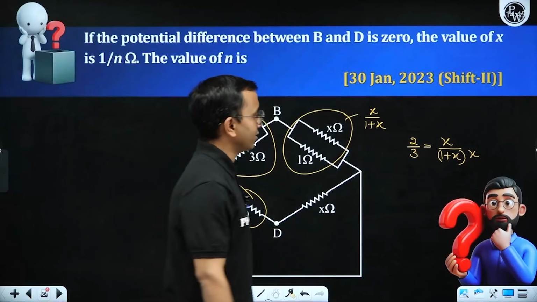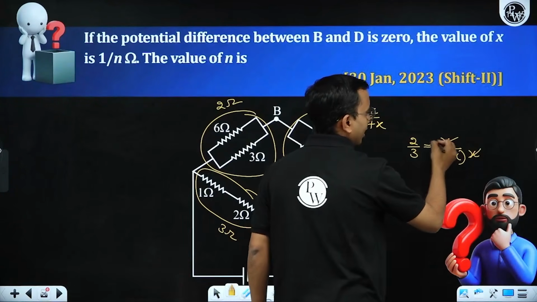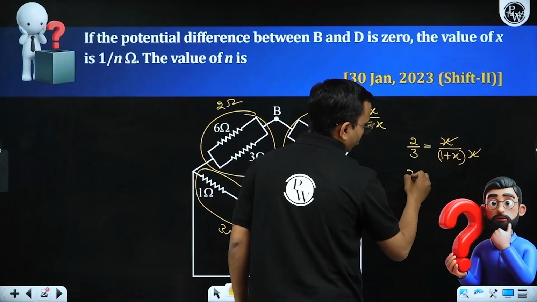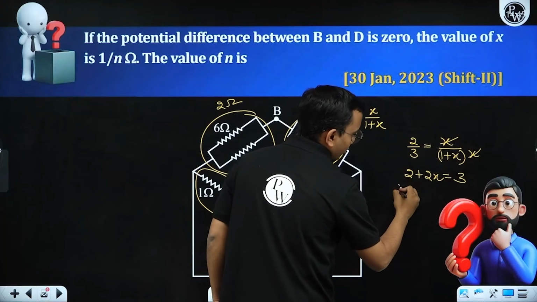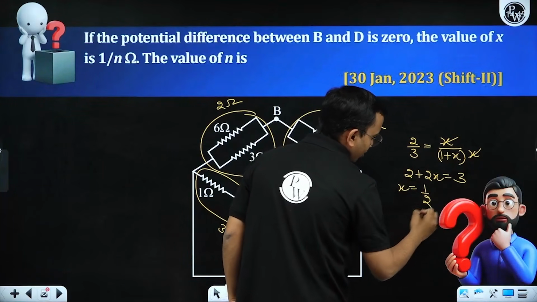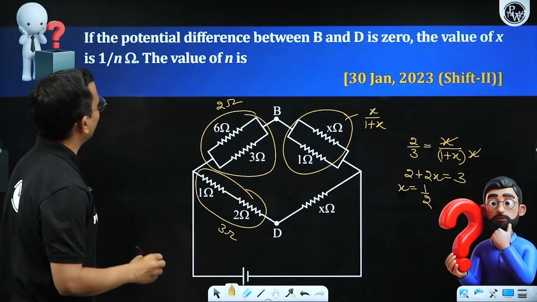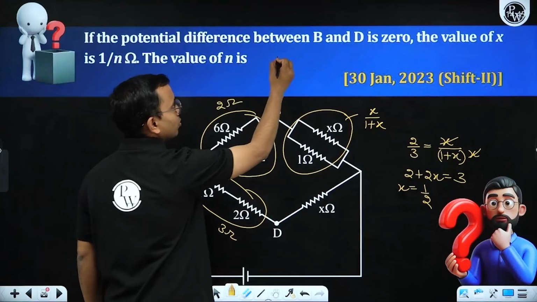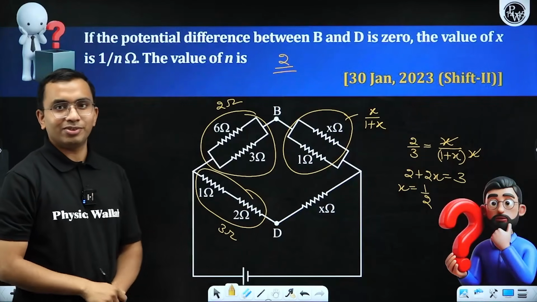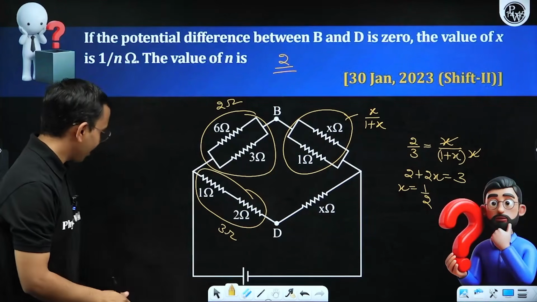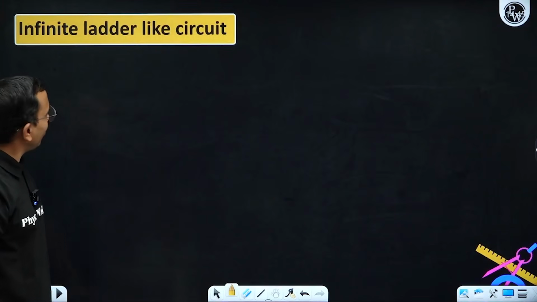Now solve for X. This X got cancelled, so this is 2 plus 2X, this is my 3, X comes out to be 1 by 2. Very easy question. Wheatstone bridge questions are very easy always.